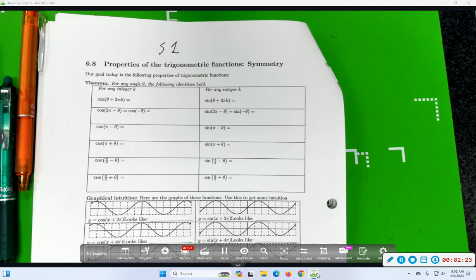Passes through the origin. Sine of 0 is 0. Can we eliminate any options based on that? Which one? B. Cool. Can't be. So C or D? Is it D? I hear a D. I think I agree, but why?